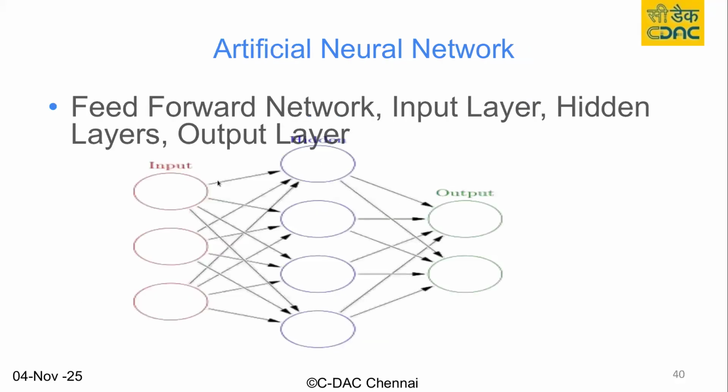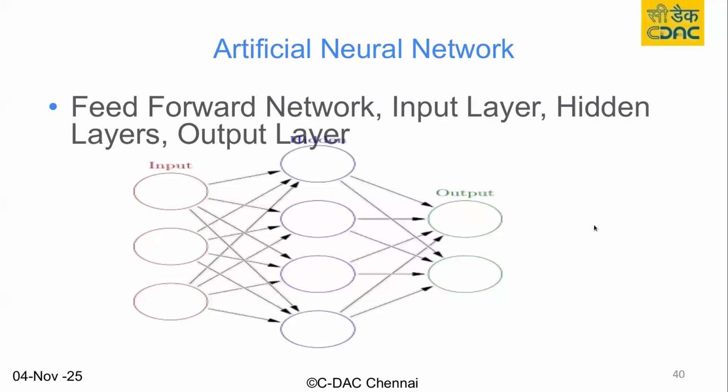And so this is one such neuron. If I have multiple such neurons connected to each other, then I can make an artificial neural network. So this neural network has three neurons in the input layer, four neurons in the hidden layer, and two neurons in the output layer.